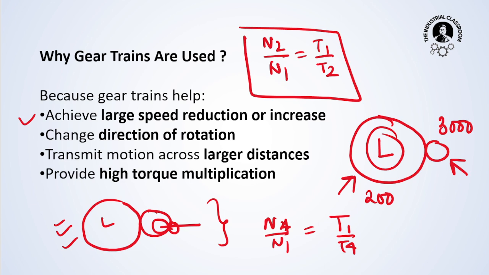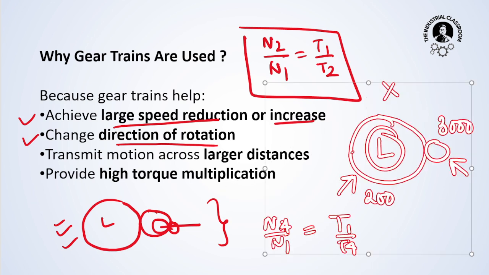When you study it, you will see that whenever we need a high reduction or a high increase in the RPM or speed or the torque transmission, with a single gear it is very impractical to achieve, because you would require a very large diameter gear or a very small diameter gear, which is very impractical.